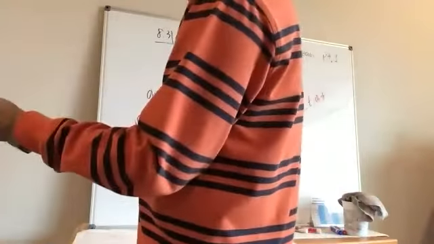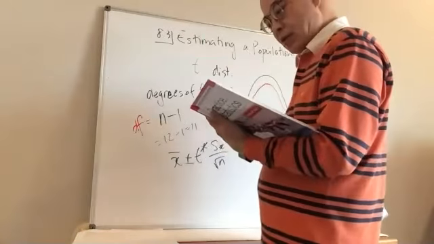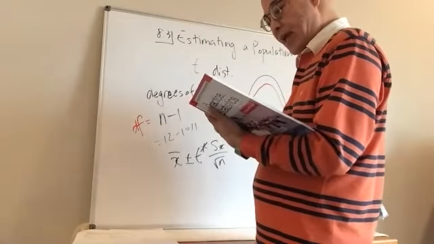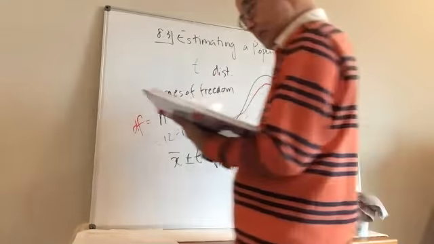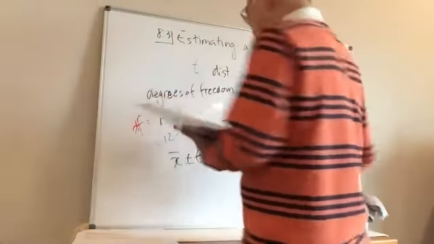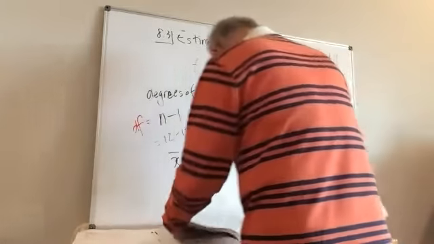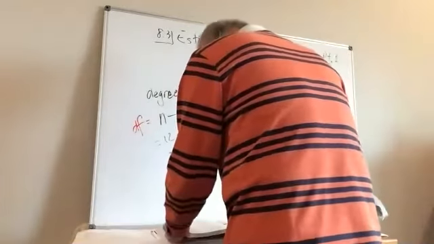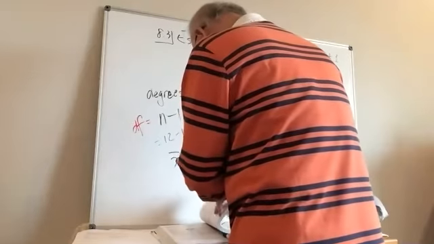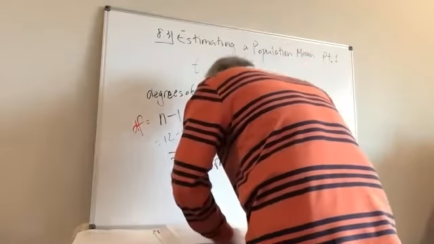Let's get B. A 90% confidence interval from a random sample of 48 observations. Okay, so this is very important. So let's go to 48. What's my degree of freedom? Anybody?